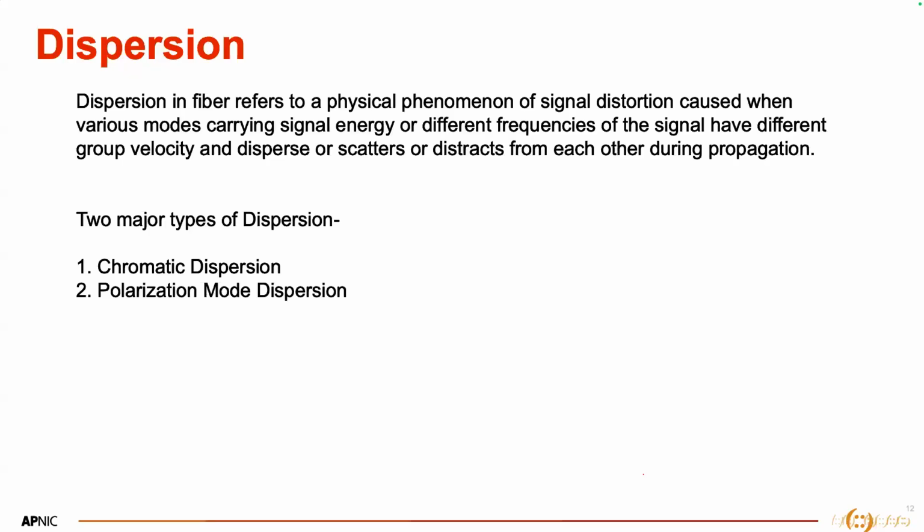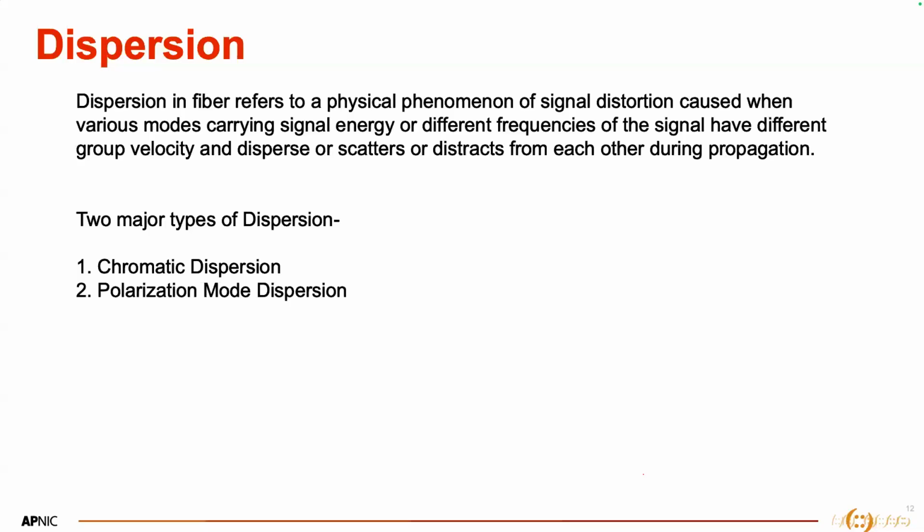And then we have polarization mode dispersion. So what is polarization mode dispersion? We know light is an electromagnetic wave: it has a magnetic plane and an electric plane, right? So two planes traveling in the same direction. When the light starts traveling, both planes are in sync.